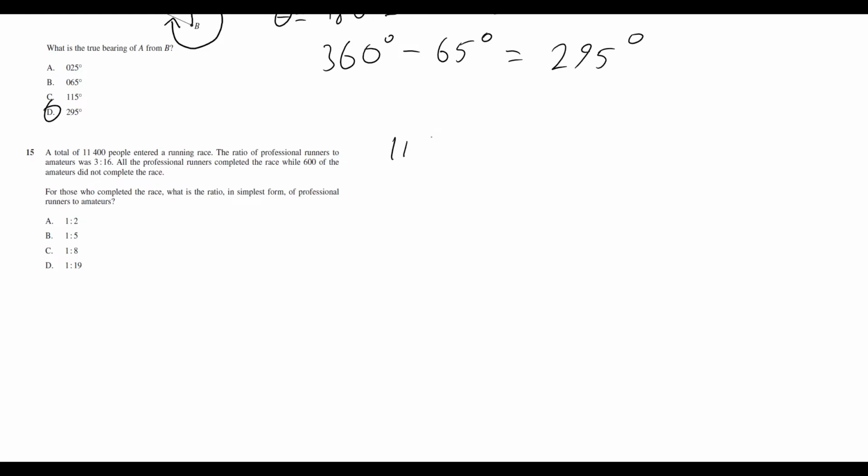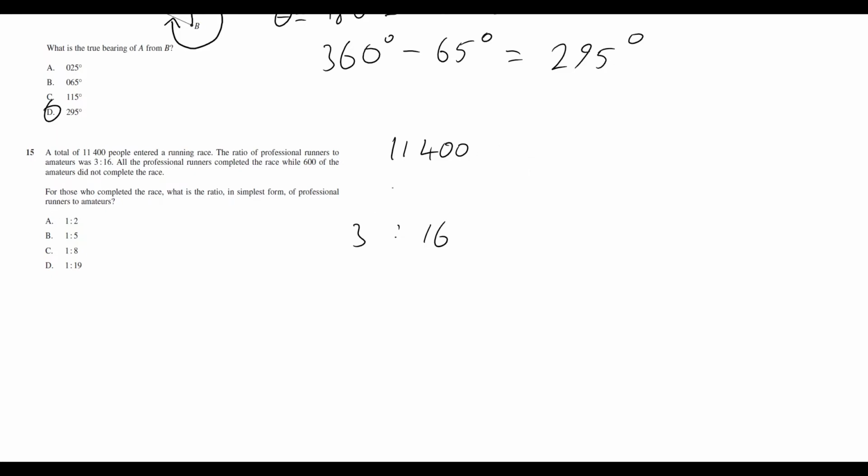So there's initially 11,400 people. And what we're going to do is break that into a ratio of 3 to 16. What I like to do here is count up how many different individual sections there will be. So there'll be 3 on the left-hand side and 16 on the right-hand side. That means there's going to be essentially 19 different components.